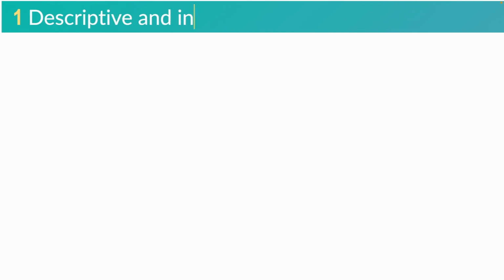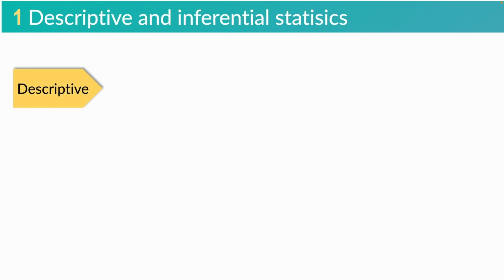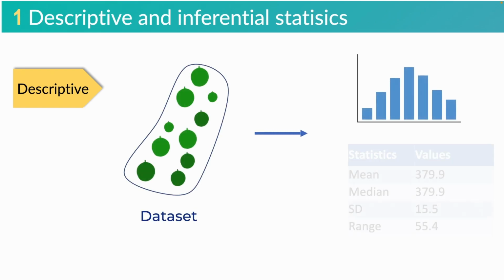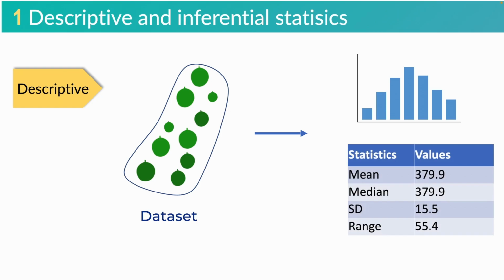We begin with descriptive and inferential statistics. So, what is descriptive statistics? Descriptive statistics refer to a branch of statistics that involves summarizing and organizing data to make it easy to understand and interpret.